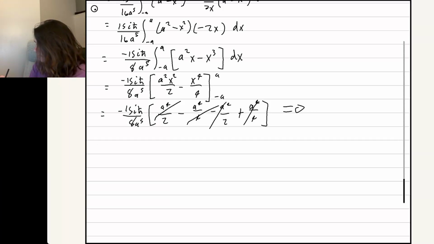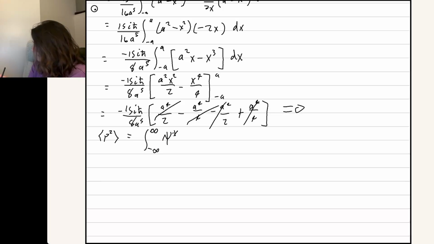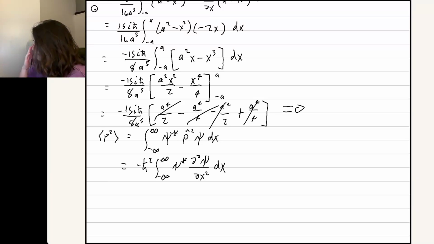That's fine. We can say the expectation value of p squared now, which is from minus infinity to infinity of your psi star, and then the squared momentum operator, dx, which is going to look like h bar squared over 2m. No, not just over 2m. It's just minus h bar squared. And then in the integral, you're going to be doing a second derivative with respect to position of your wave function and integrating over it.